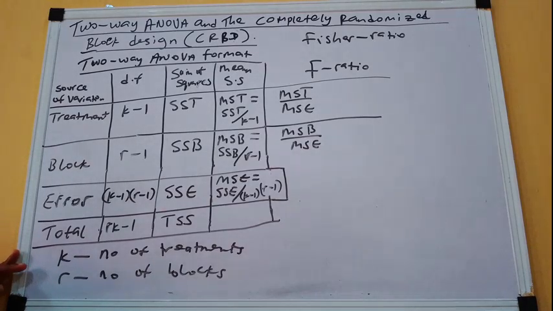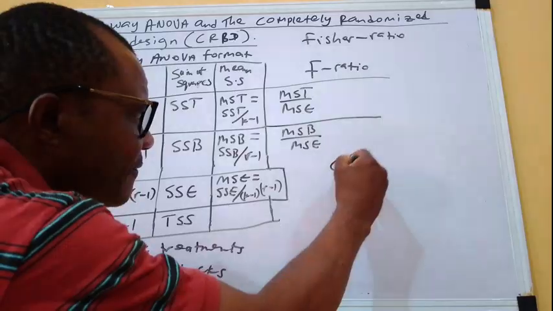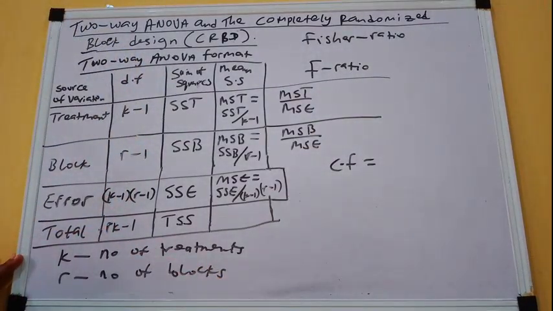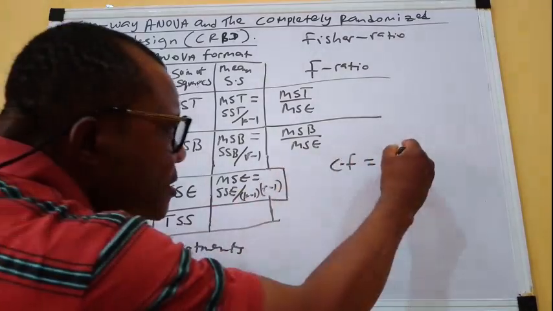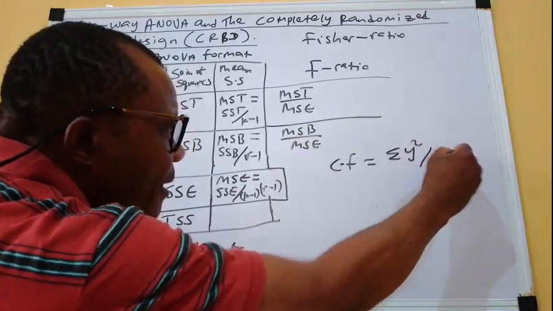We'll first of all get our correction factor. Our correction factor, CF, is what will be calculated. Our correction factor is summation y square all over RK.